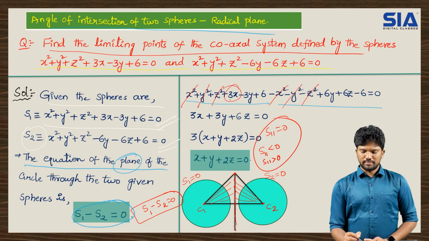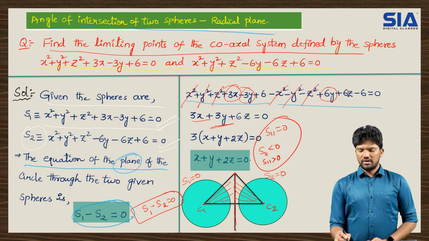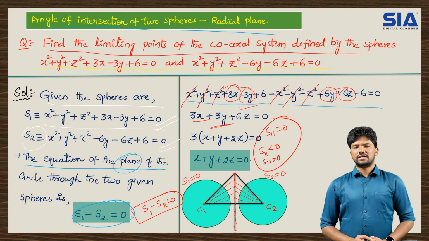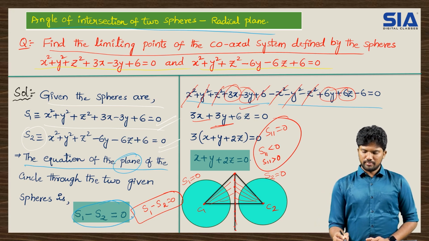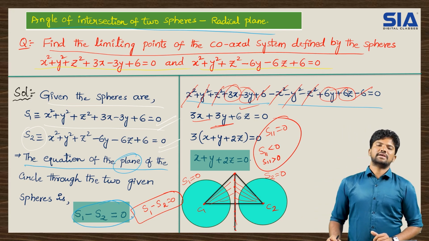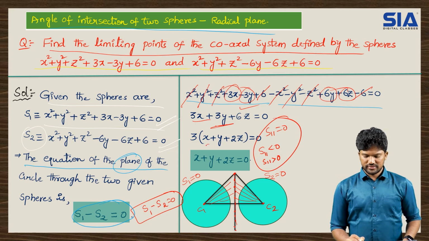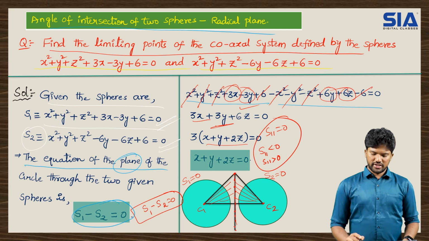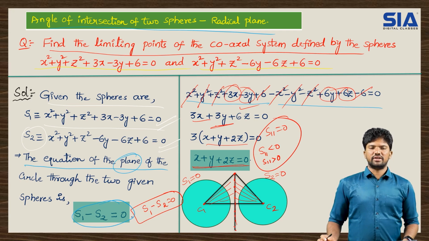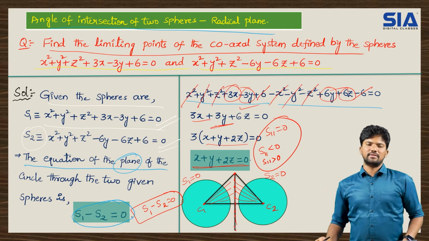Then 3x remains, minus 3y plus 6y gives plus 3y, and plus 6z remains as it is. The constants 6 minus 6 cancel. So 3x plus 3y plus 6z is equal to 0. Take 3 common: x plus y plus 2z is equal to 0. Therefore the radical plane equation of the given two spheres is x plus y plus 2z is equal to 0.